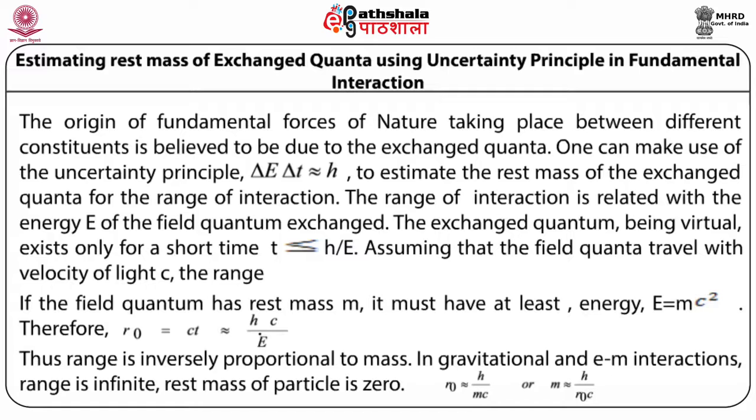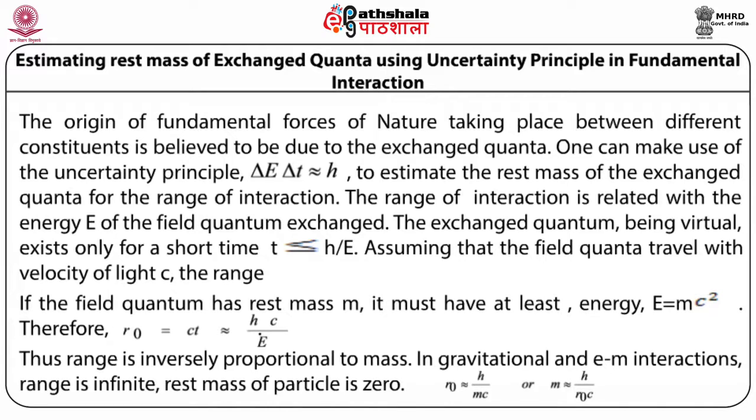Thus, range is inversely proportional to mass. In gravitational and electromagnetic interactions, range is infinite. That means that the effect of the gravitational or the electromagnetic field is infinite, and thus the rest mass of the particle is zero, which means that R0 is approximately equal to h by mc, or m is approximately equal to h by R0c.